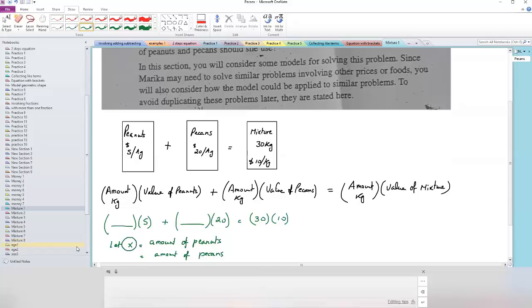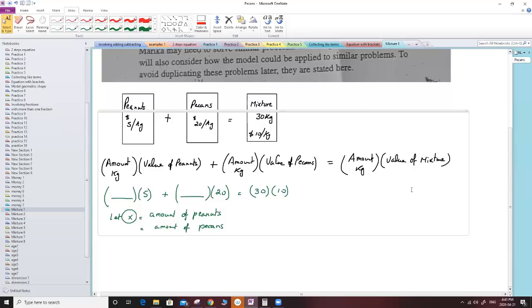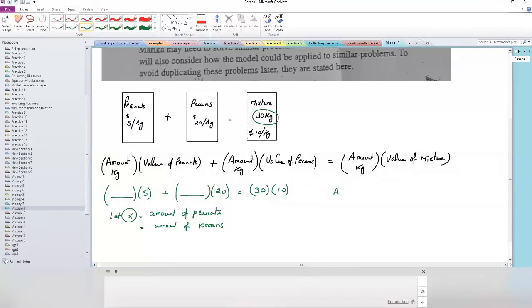I cannot say W or Y or P or M because I need really only one variable. So from where am I going to get this? We know that the mixture has a total of 30 kilo. So I'm going to say that the amount of peanuts plus the amount of pecans needs to give me a total of 30 kilo.